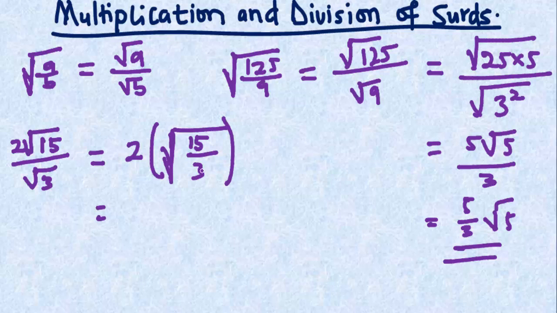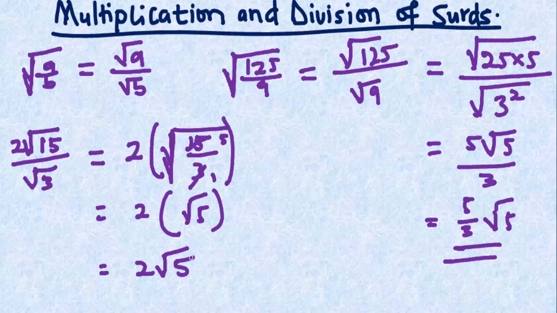Then here we go, 3 cancels off 1 and goes here. We have 5, so we have root of 5. So in a nutshell, we have 2 root 5.